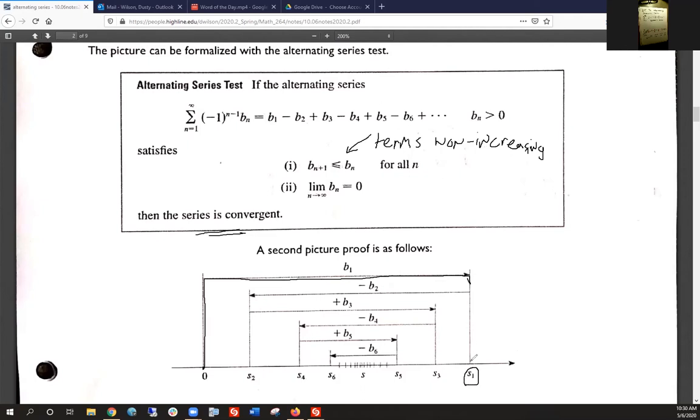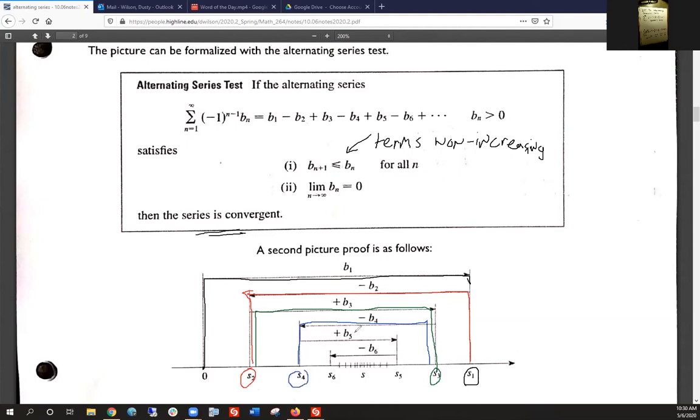Then we subtract out our second term, and that gets us to S2. Then we add in our third term, and that gets us to S3. And then we subtract our fourth term, and that gets us to S4.